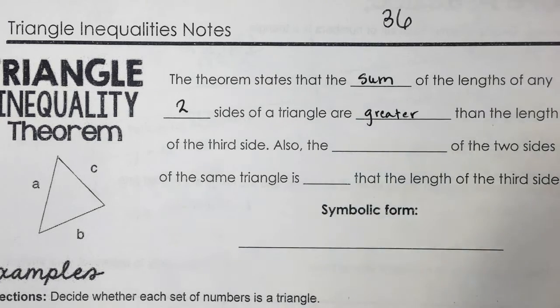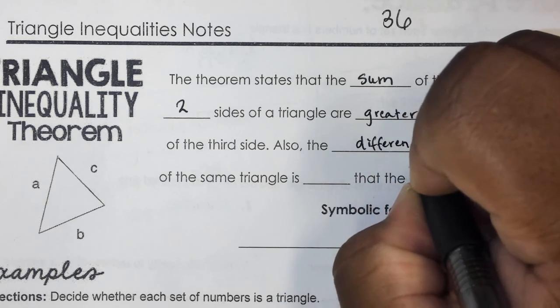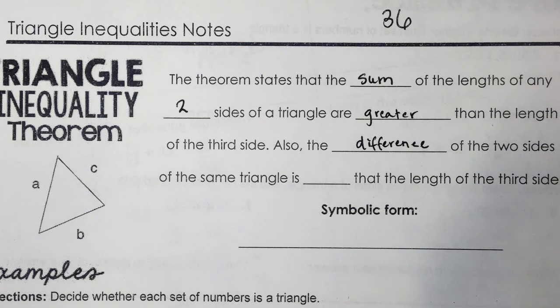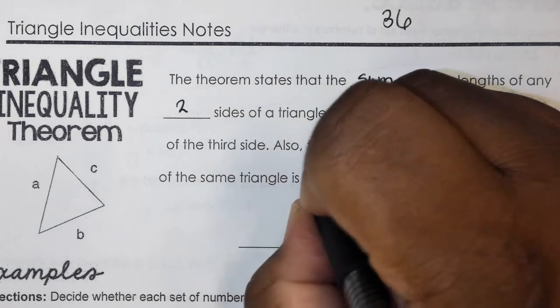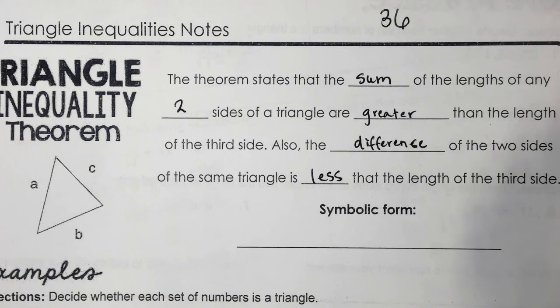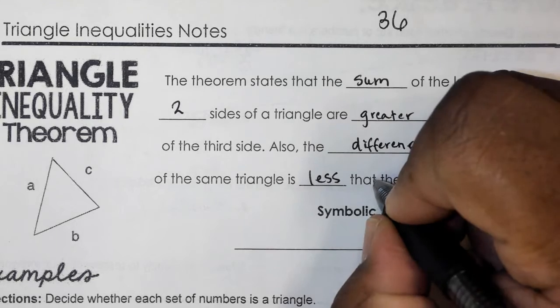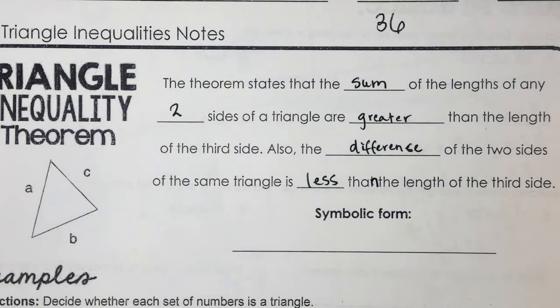Also, the difference of the two sides of the same triangle is less than the length of the third side. Then I need to change that. It should be then, not that, but whatever.